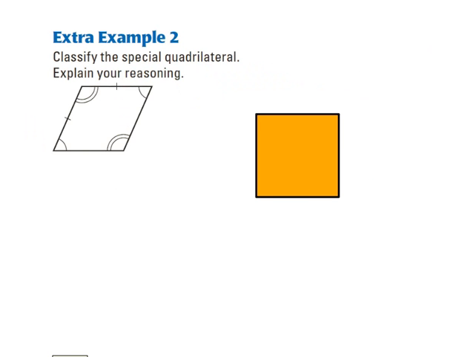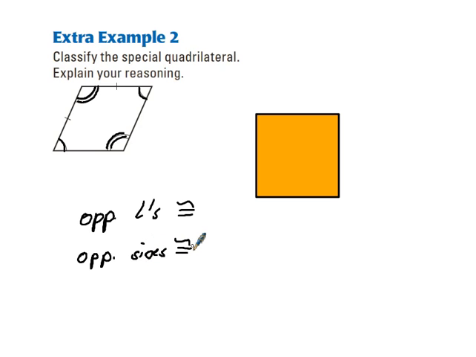Looking at this example here, classify the special quadrilateral. So we know it is a parallelogram because we have opposite angles that are congruent. That makes it a parallelogram. We also have, what else do we have? Because it's a parallelogram, that makes opposite sides congruent.